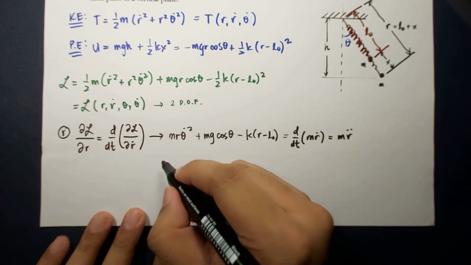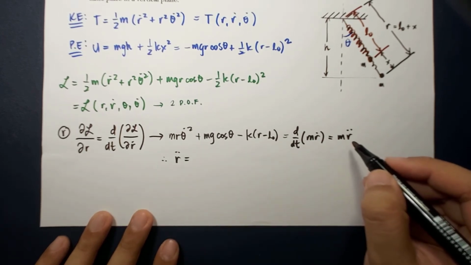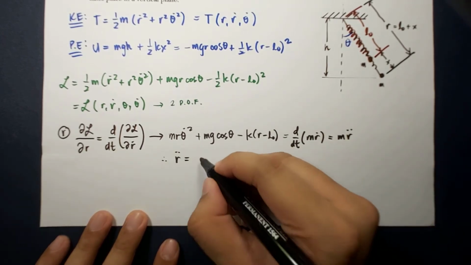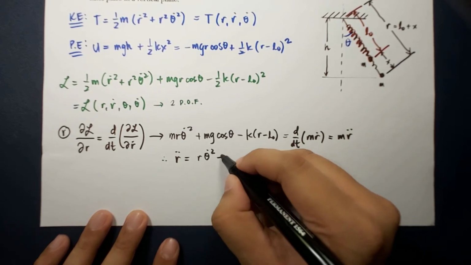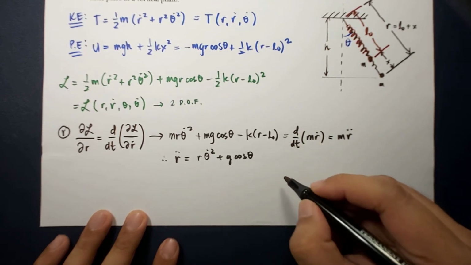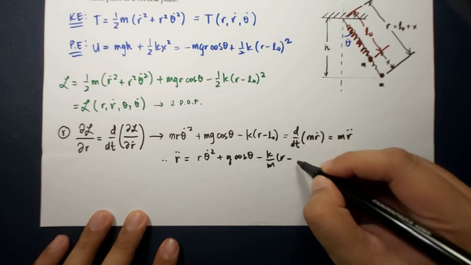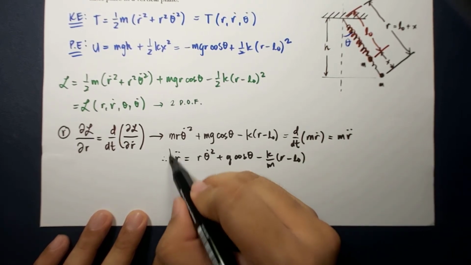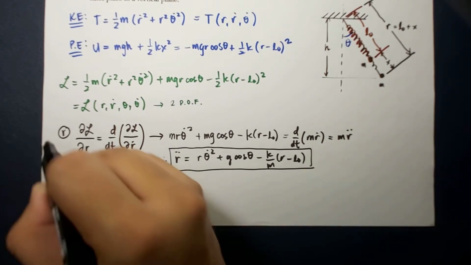So therefore, the r double dot acceleration term will be equal to r theta dot squared plus g cosine theta minus k over m (r minus L naught). So this is your equation of motion in r.